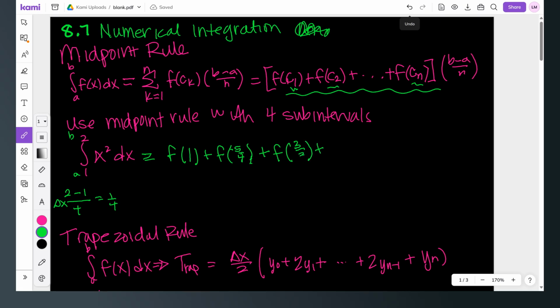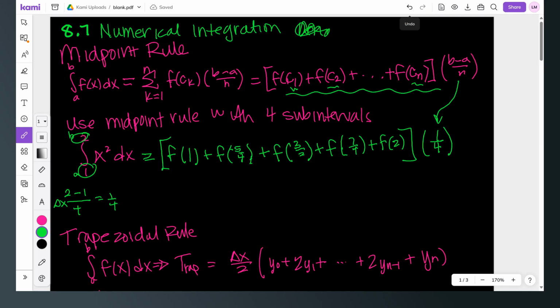Plus f of 6/4 and 1/4 is 7/4. Plus f of 8/4, which is 2. And that's where I'm stopping because that's my b. So I started at 1, and I just added 1/4 to those. And then I'm also multiplying that by delta x, which is 1/4. So the b minus a over n, that's delta x.